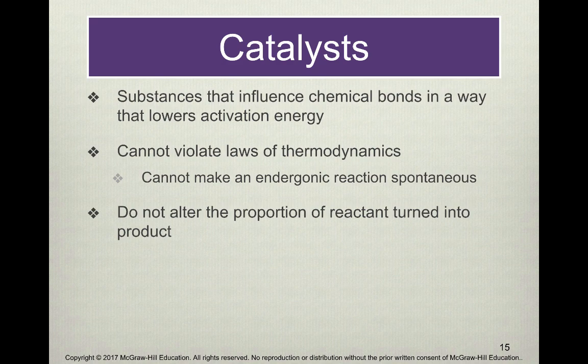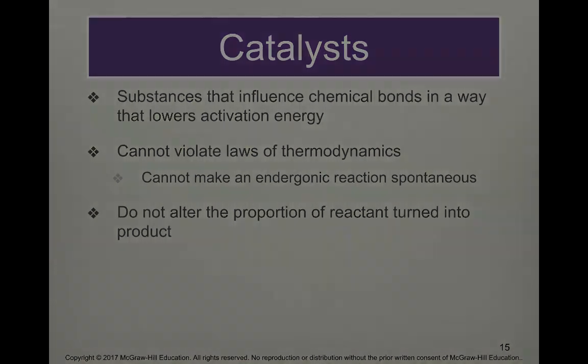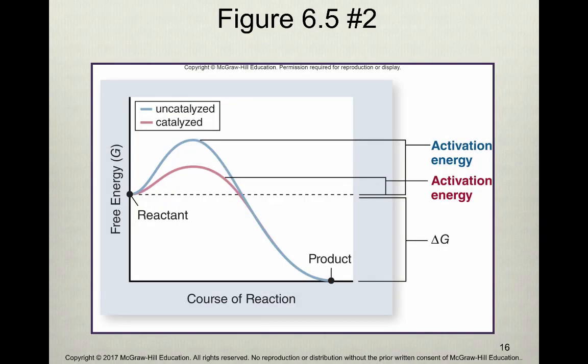It also has no impact on how much product is made, the proportion of reactants to products. It doesn't take a small amount of reactant and make a large amount of product. Whatever goes in is what comes out. A catalyst will just speed up that rate of reaction because it lowers the amount of activation energy that is required. And so here again is that image.